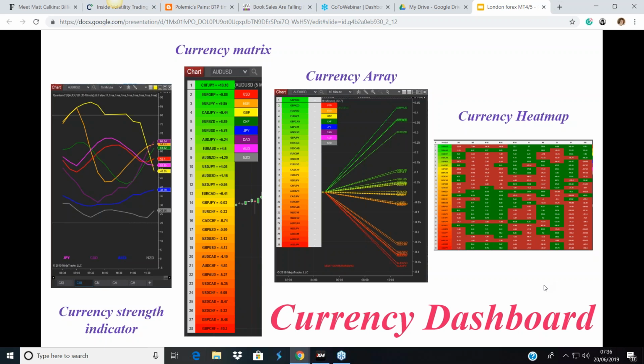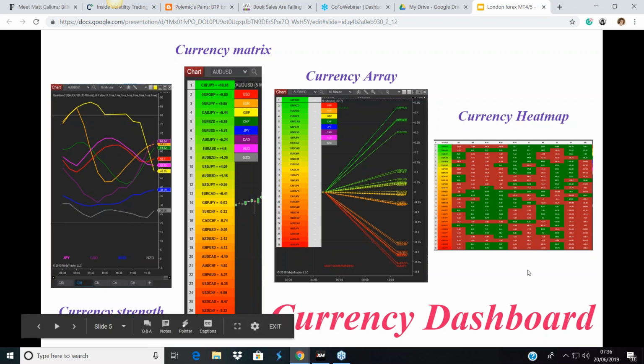Very much against the run of play, with cable having been so heavily, excuse the pun, pounded over the last few weeks. But we'll have a look at that, and also how we can interpret what the indicators are saying against what is actually happening on the charts and multiple time frames as well. So lots and lots of good things to come very shortly.